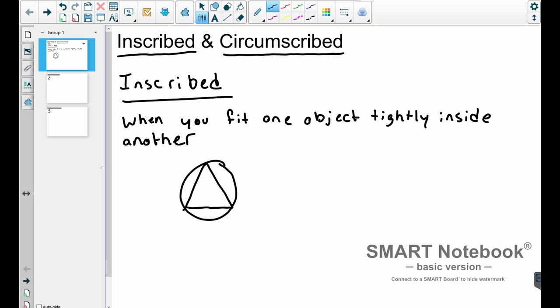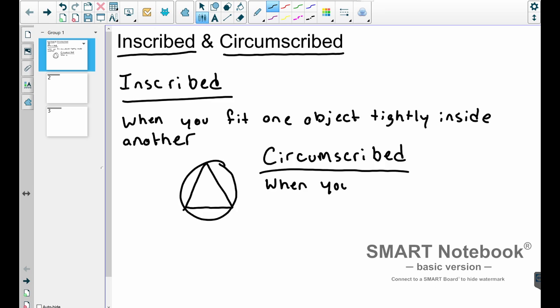Now let's think about circumscribed. Circumscribed is very similar, but a little bit different. It is when you fit one object tightly around another.